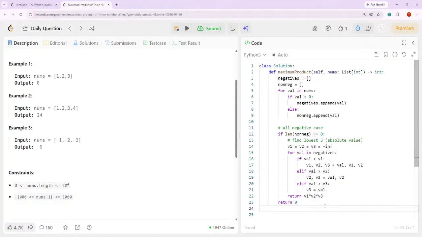Okay. Then the case where there's a single positive, if there's multiple positives, if there's two positives, then I would just multiply. If there's three positives, then I multiply the biggest three positives.